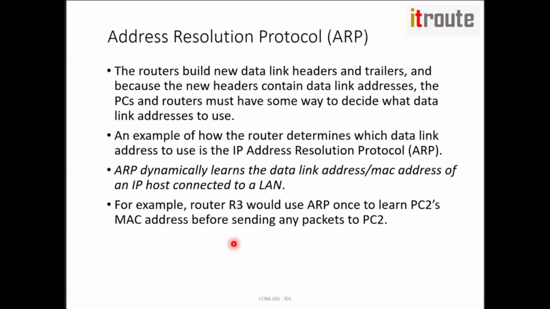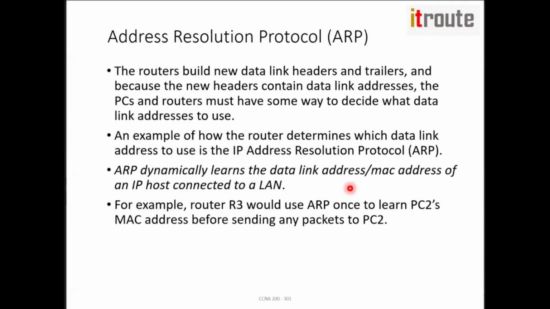Another thing we have in routing is Address Resolution Protocol, or ARP. Its main job is to dynamically identify the MAC address of an IP host connected to a LAN. So which IP address is connected with which MAC address, ARP can find out that information.